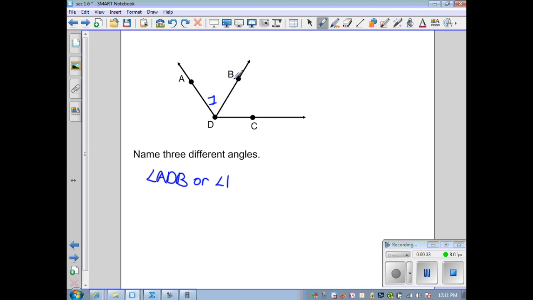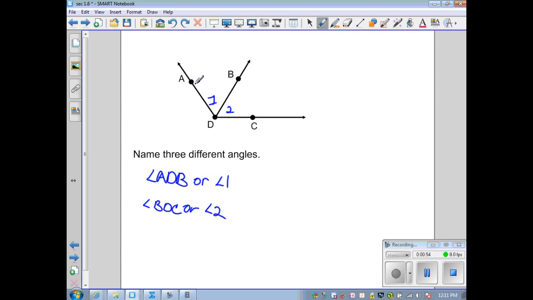Another angle, angle BDC. Again, I could put a number inside of that angle and call that angle 2. In either case, I have used D as my vertex in the middle of identifying those angles.